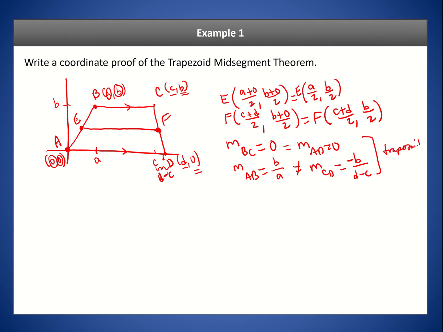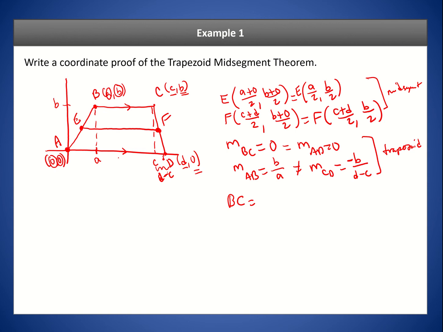So we got a trapezoid, we got the mid-segment right here. Now we want to show that the length of the mid-segment is equal to the average of the BC and AD. So let's calculate the distance of BC. BC is between A and C, right?